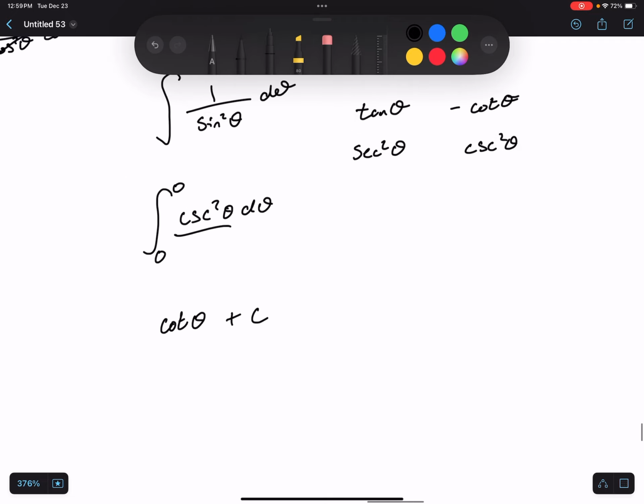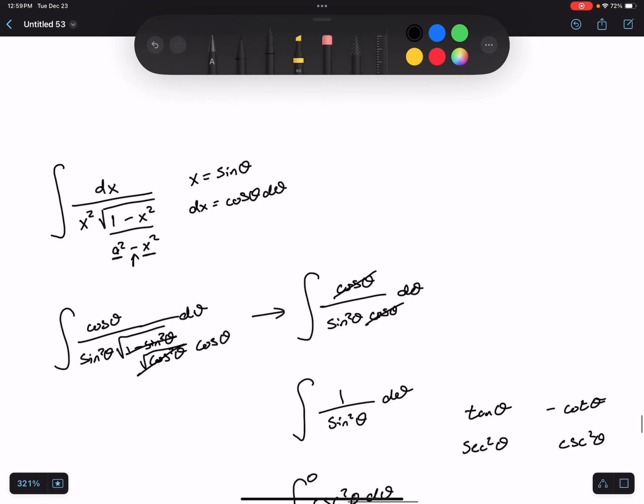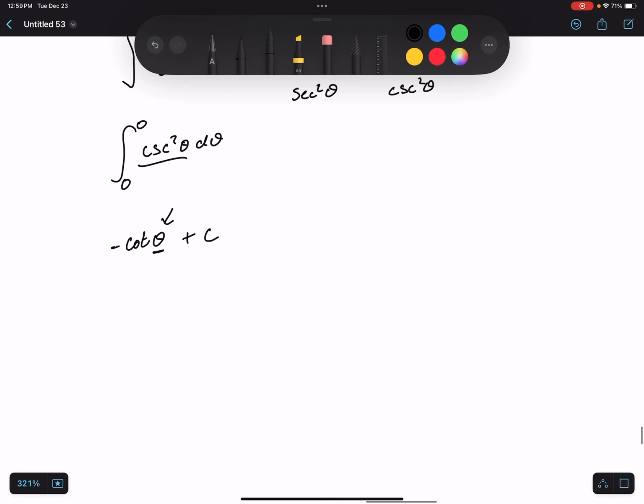And finally, the only thing left to do now is to recognize that this is in terms of theta, and the question began in terms of x. So we must take this original trig sub, x equals sine theta, and we must remedy the theta down here.